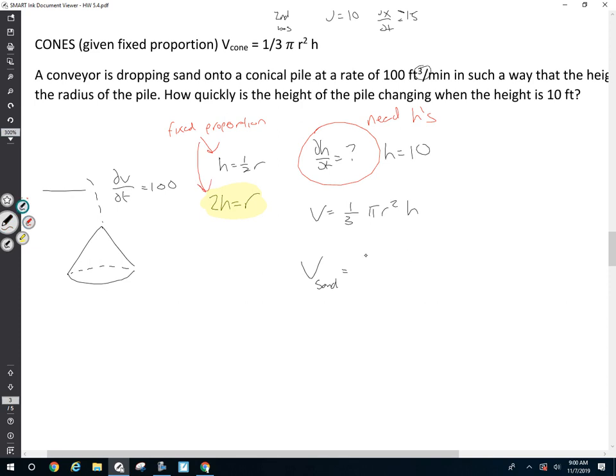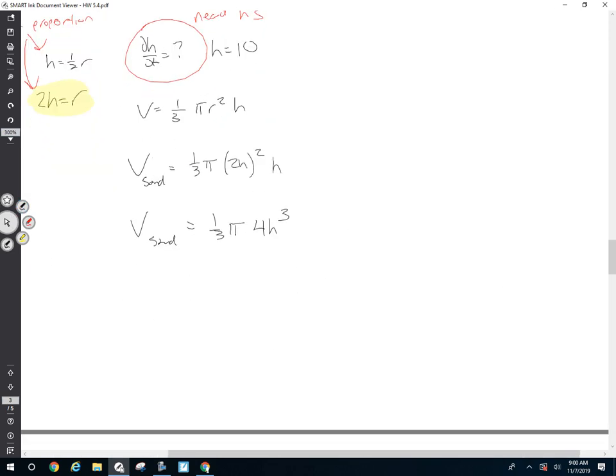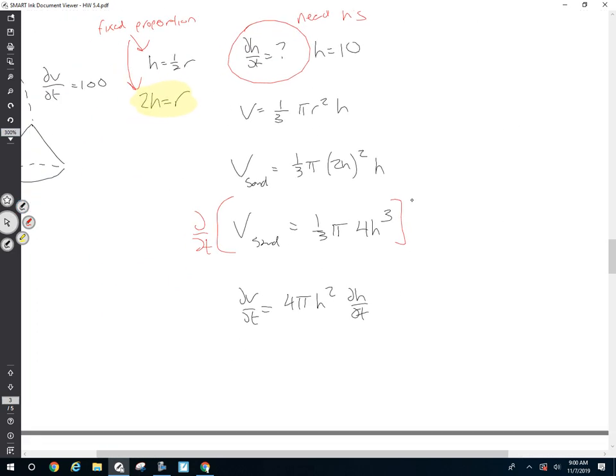So the volume of the sand will be 1/3 pi times, now be careful, 2h squared times h. This is not going to be 2h squared, it's going to be 4h squared. So the volume of my sand equals 1/3 pi 4h cubed. Take the derivative. dV/dt equals, 3 comes down, goes with that 3, so I got 4 pi h squared dH/dt. dV/dt is 100.